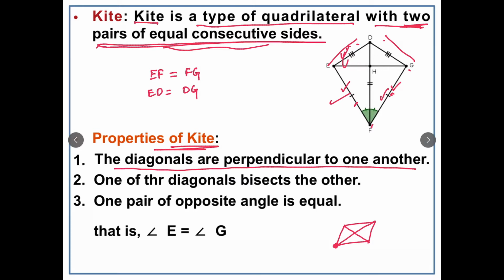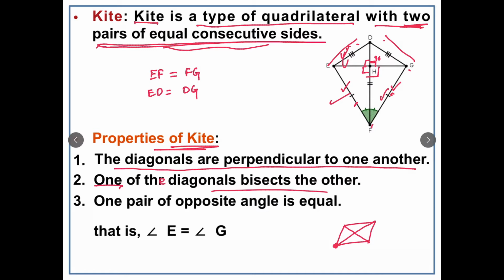So it says the diagonals are perpendicular to one another. Similarly, in a kite, when you draw the diagonals, they will intersect each other at a right angle. That means the angle here will be 90 degrees. Similarly, this will be 90 degrees here, and also 90 degrees here. The second one is that one of the diagonals bisects the other. So out of the two diagonals, one diagonal will bisect the other.